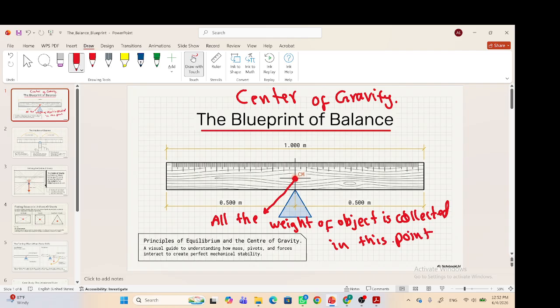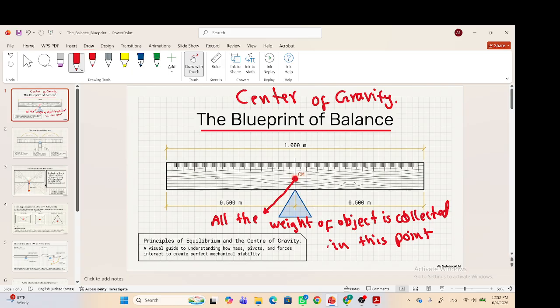Okay, so what is the first specification of the center of gravity? If we find this point, this point shows us that we can say all the weight of this object is collected into this same position.